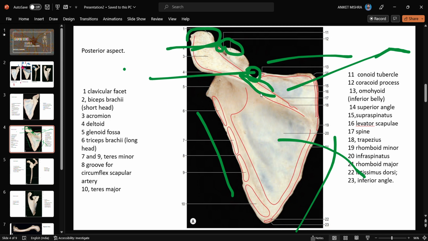This part is known as the crest of the spine, and this tubercle is known as the infraglenoid tubercle. Those are the major landmarks which are present on the posterior aspect of the scapula.